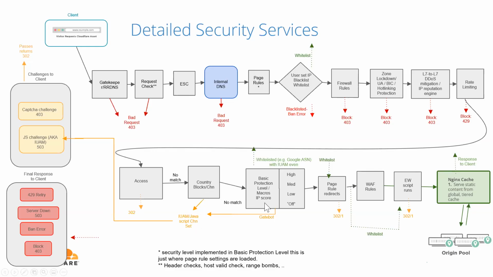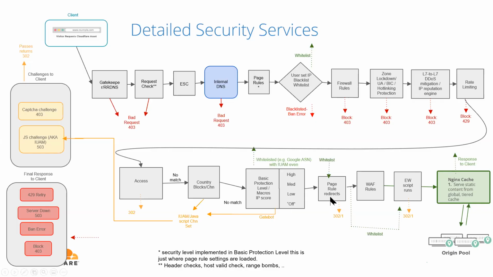After that, it will go to IP scoring. So this is still in the gatekeeper. High, medium, low, or off. Then it will go back to page rules if there are any redirects, so 301 or 302, permanent redirect or temporary redirect.